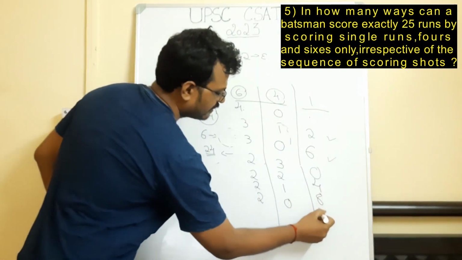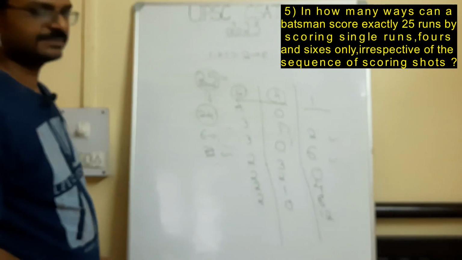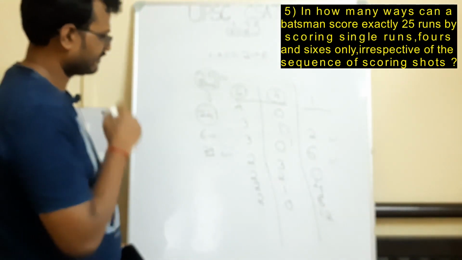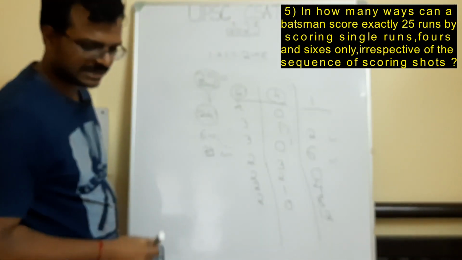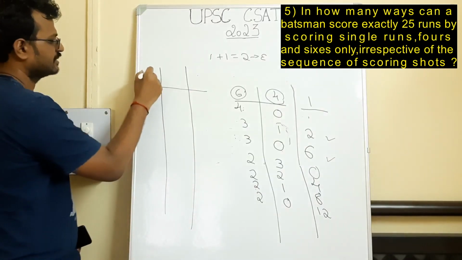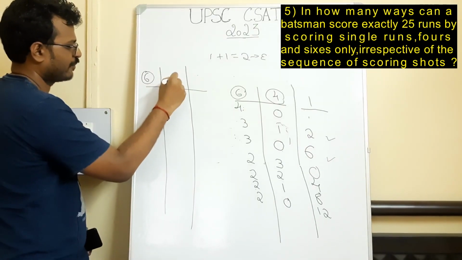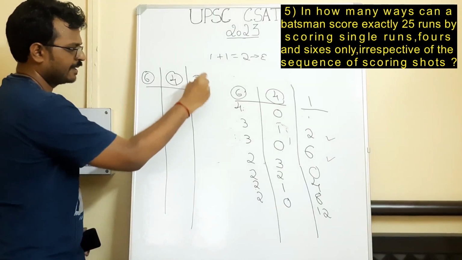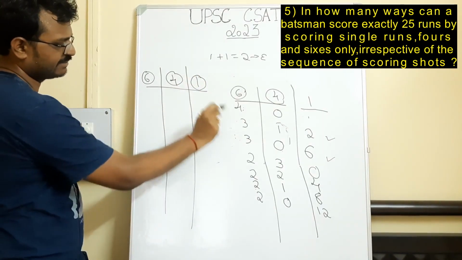So we will have 12 ones. Similarly, if I carry on towards the left side of the board because I don't have space, I will have something like 6, 4 and 1. So we are done with 6 being present twice.